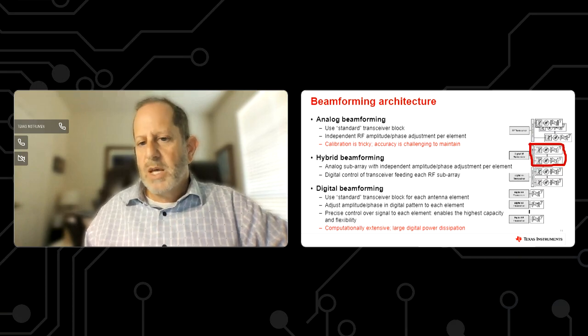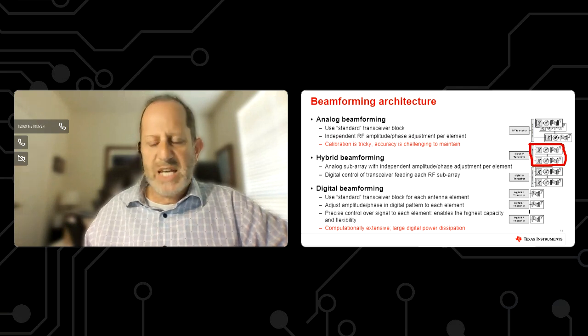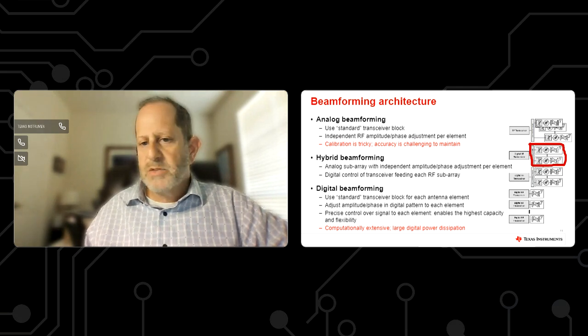Different systems do things differently. This could be anywhere from 2, 4, 8 different elements. So this, again, has the analog gain and phase adjustment capabilities in these cases.